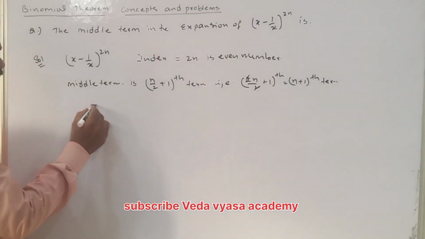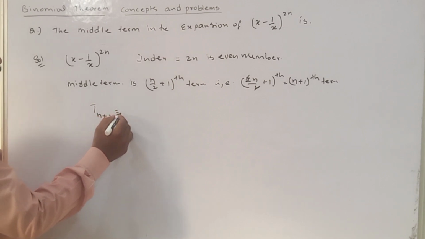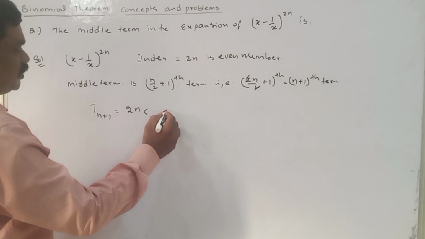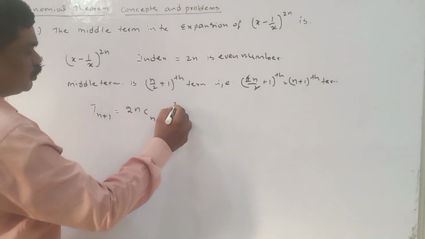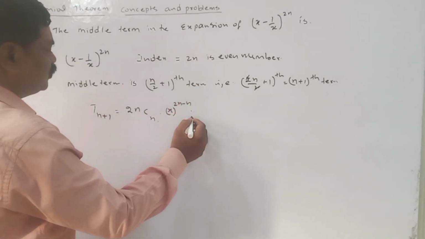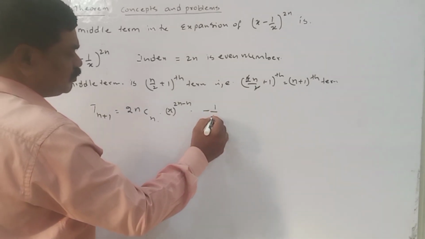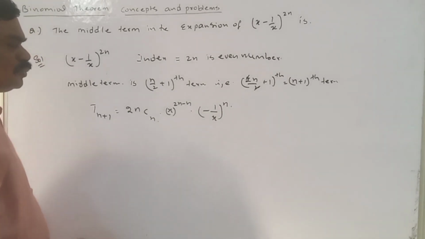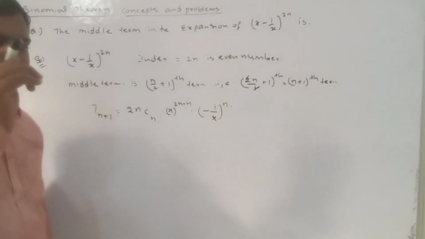That is T(n+1) = 2nCn into x^(2n−n) into (−1/x)^n. 2n minus n is equal to what? n.